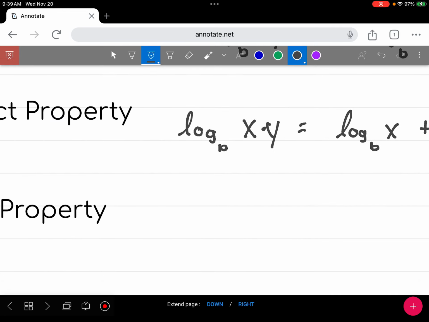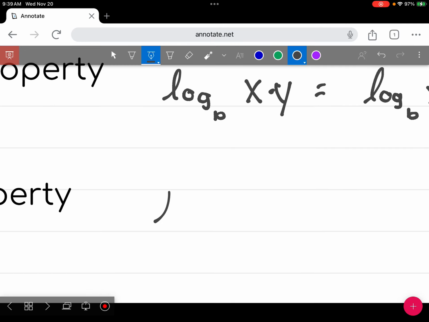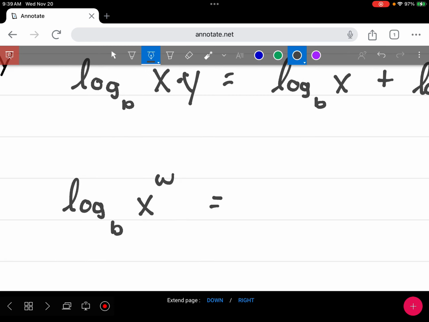And our last property is our power property. That's when we have log base b of x to the power of w. Because reasons, I don't know why the property switches letters, but it does. Our powers actually come down and become coefficients. Powers become multipliers. So this is the same thing as w times log base b of x.